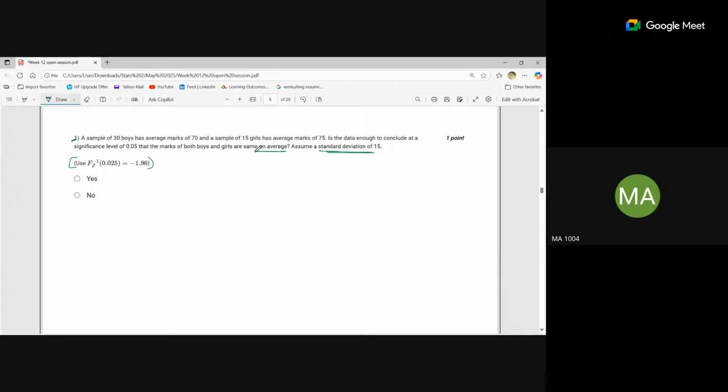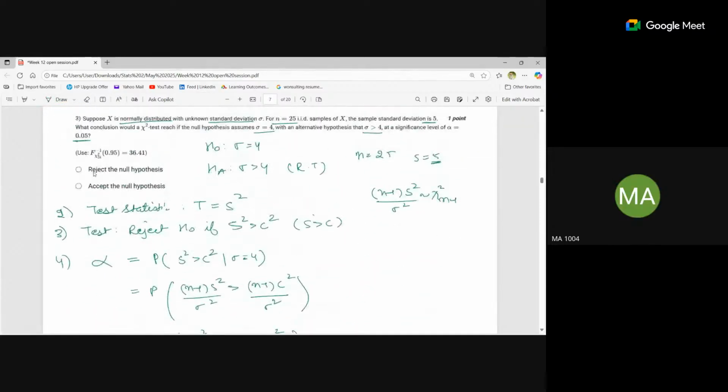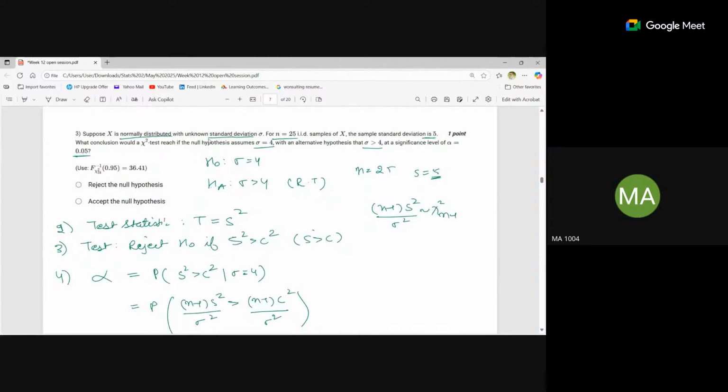Got the point? But ma'am, in the last question, in the last example, the standard deviation was also given. In the last question we had an unknown standard deviation, but the sample standard deviation is 5.